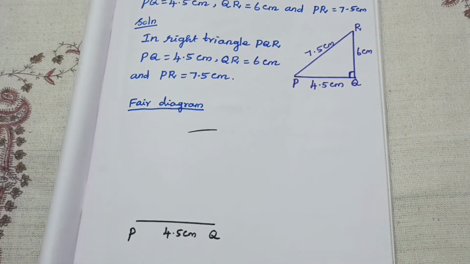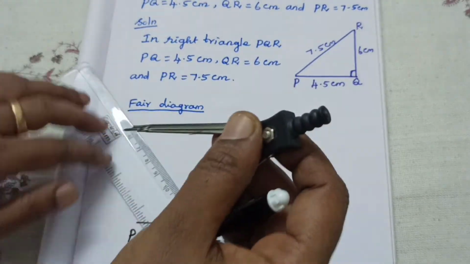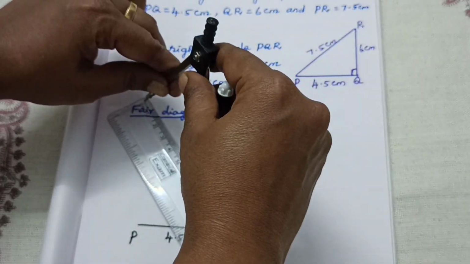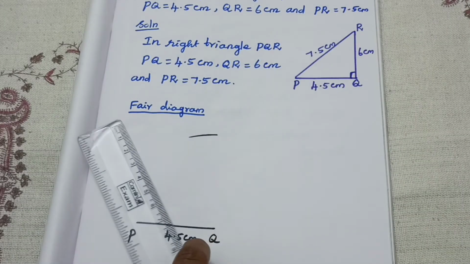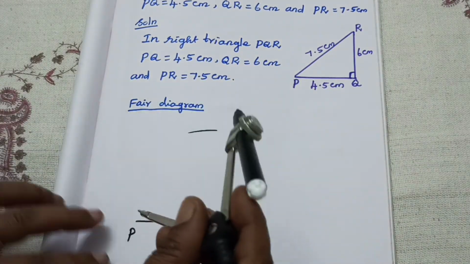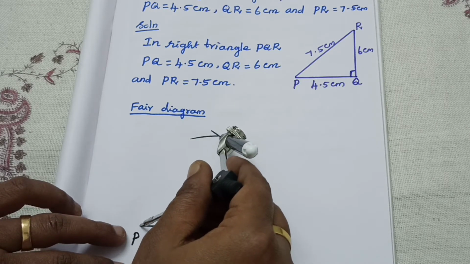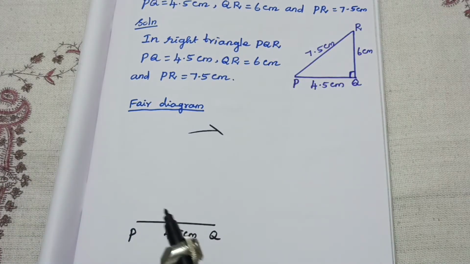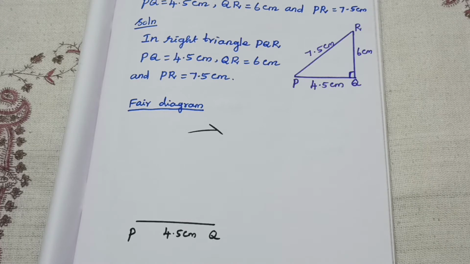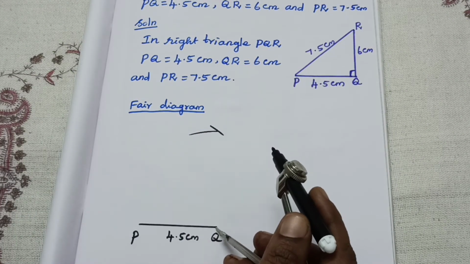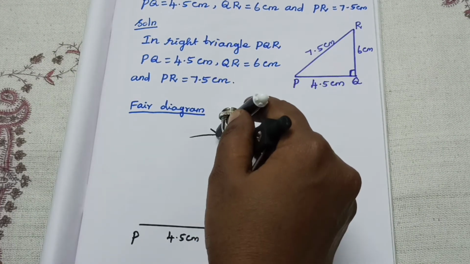Then PR is also given, isn't it? 7.5 centimeter. From P, you have to draw the arc. Then here from Q, how many centimeter? 6 centimeter, isn't it? From Q, 6 centimeter, extend this line.